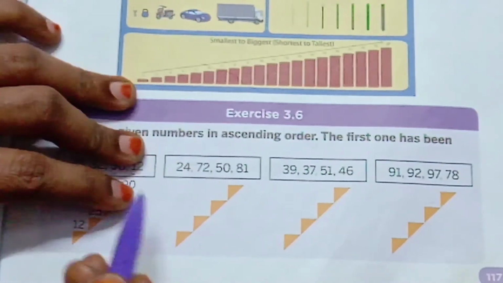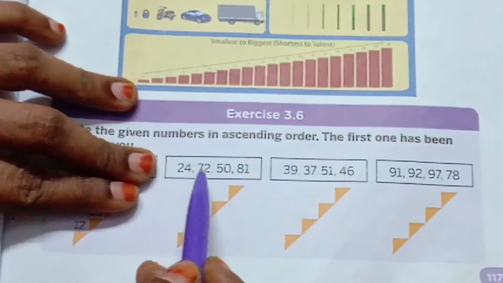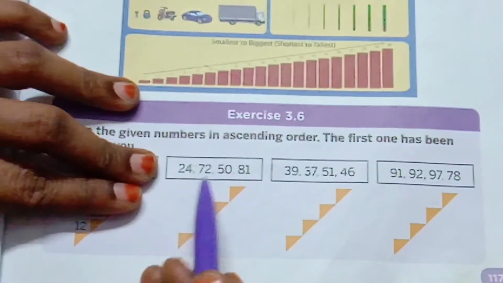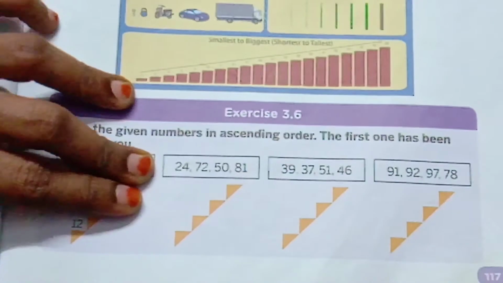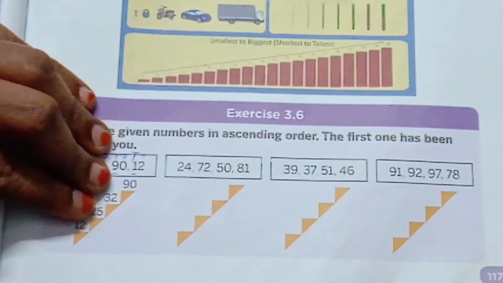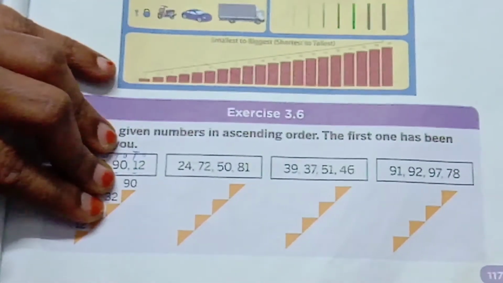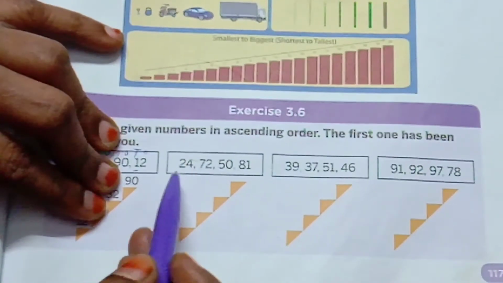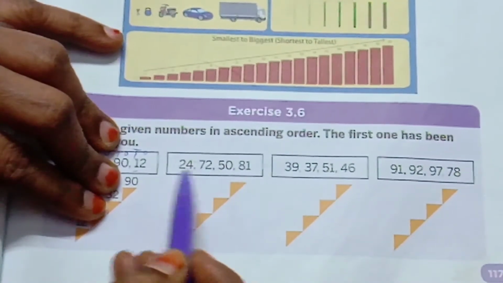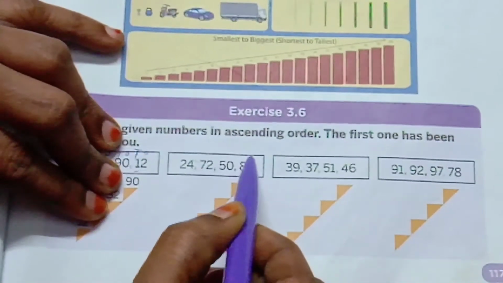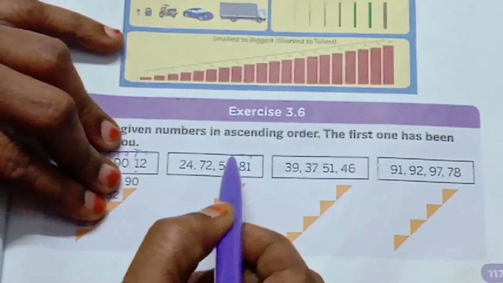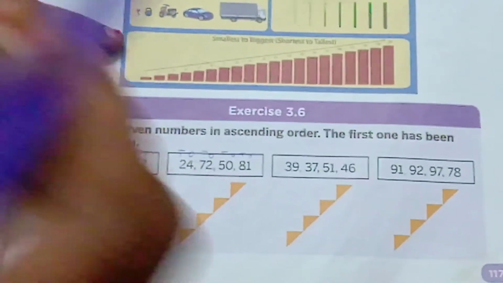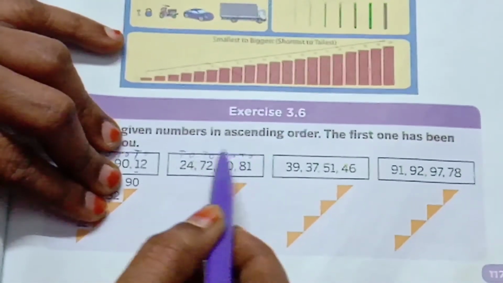Now children, again 24, 72, 50 and 81. Now we arrange in ascending order. What do you mean by ascending order? We arrange numbers smallest number to biggest number. Here we have all 2 digits, right? So first you can mention place values, ones and tens. Take a pencil and write tens place values, okay?